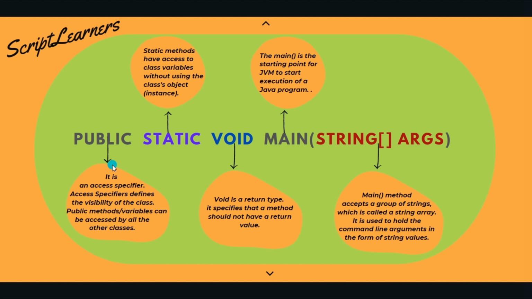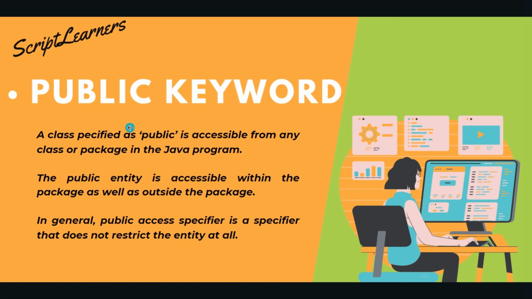It is an access specifier. Access specifier defines the visibility of a class. Java provides 4 types of access specifiers, that is default, public, private, and protected. We will discuss access specifiers in detail in some other video. For now, let's talk about the public keyword.